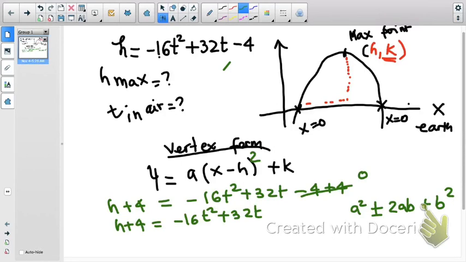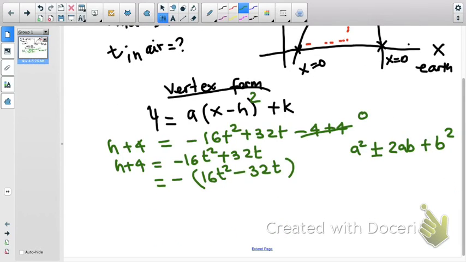Now we have a negative in front of the a, so what we can do is pull that negative out this way. So I put the negative outside, which means that the 32 is going to become negative. And the reason is, if you put the negative back inside, you're going to have negative 16t squared again and negative 32.